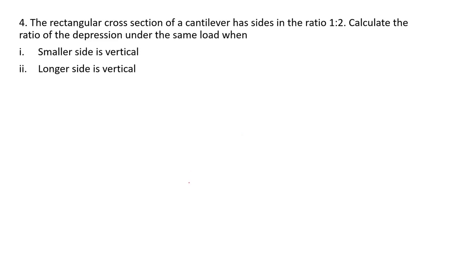So we are given a rectangular rod, and suppose this is the cross section of the rectangular rod. Here this is the breadth and this is the depth, and the depth is 2 times the breadth, so it is 2x. So it is of the ratio 1:2.